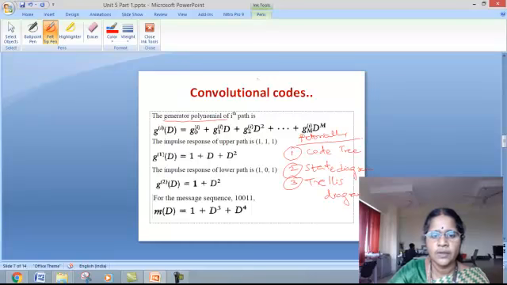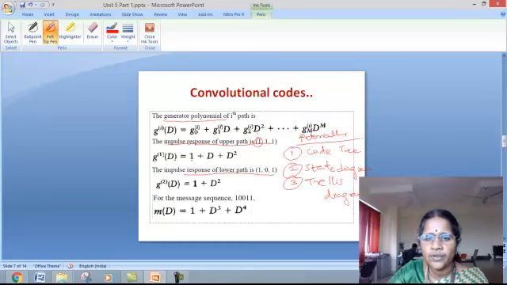And now coming to this polynomial method of encoding, the impulse response of the upper path is 1, 1, 1, and the impulse response for the lower path is 1, 0, 1. So the polynomial, when you write, it will be g0 of i, the coefficient is 1 here, and then the coefficient of d is also 1, so it is plus d, and then the coefficient of d square is also 1, and so you get d square.